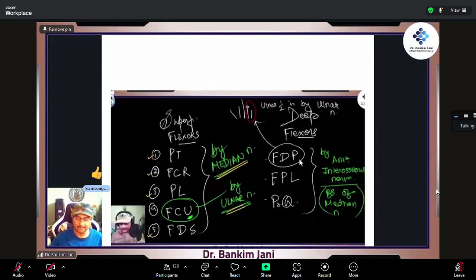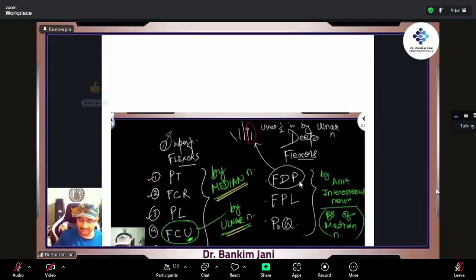Regarding the deeper muscles, flexor digitorum profundus, flexor pollicis longus, and pronator quadratus, that is by the anterior interosseous nerve, which is a branch of the median nerve. So far, all good. This much you should say in the viva, that is more than enough.